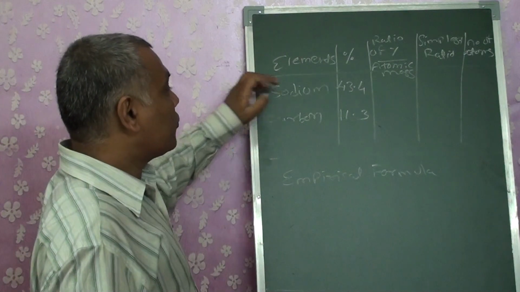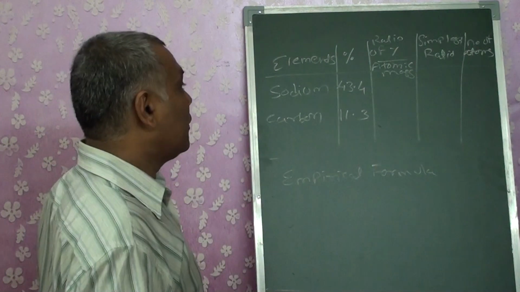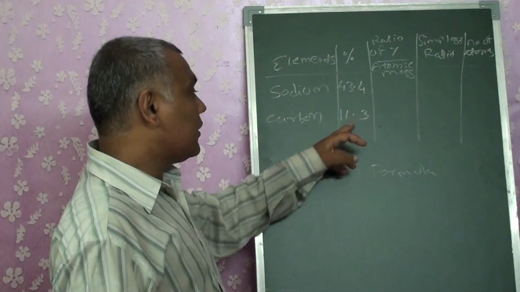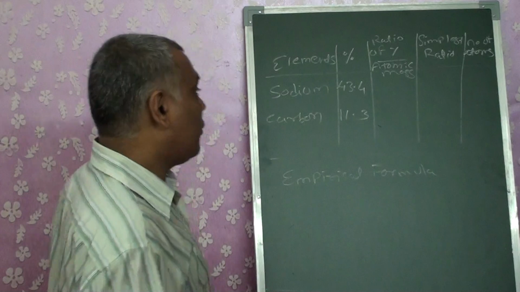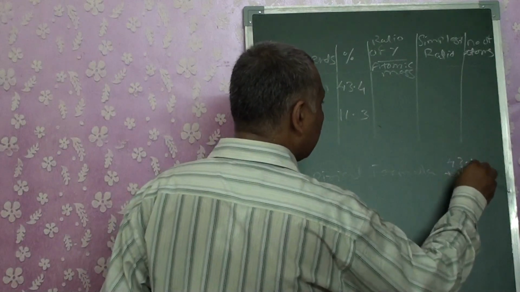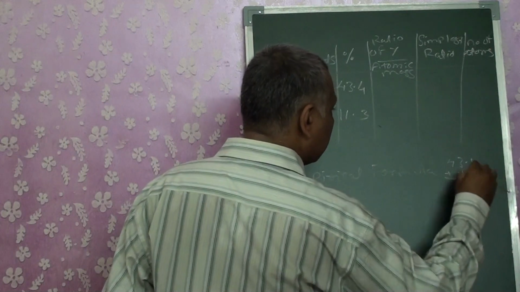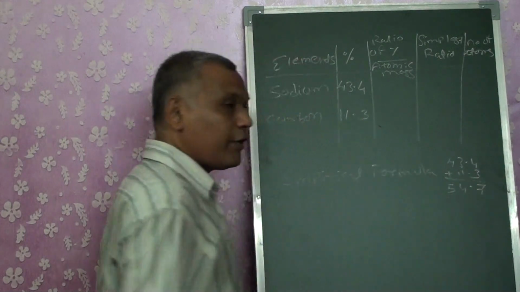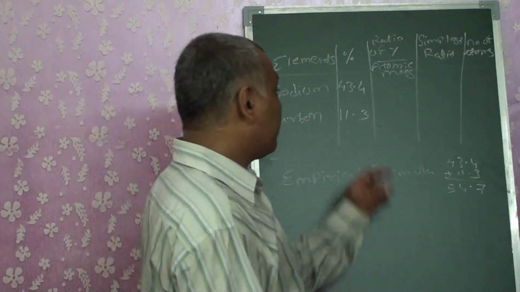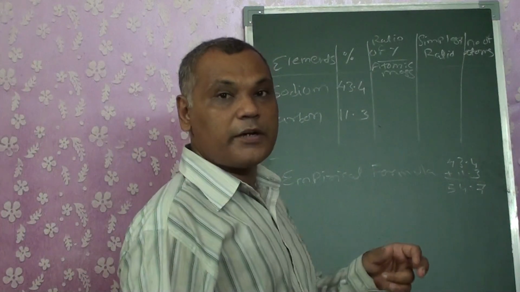Now, for the sodium, 43.4 is given to us. Before solving it, check, is it 100%? No. 43.4 plus 11.3 is 54.7%. Now 54.7% is the compound, and a compound will always be 100%.